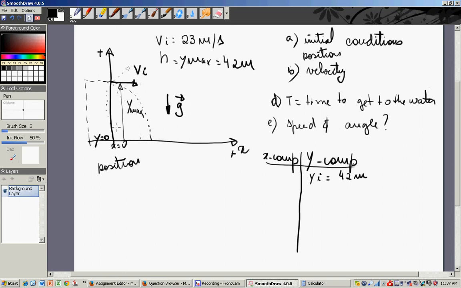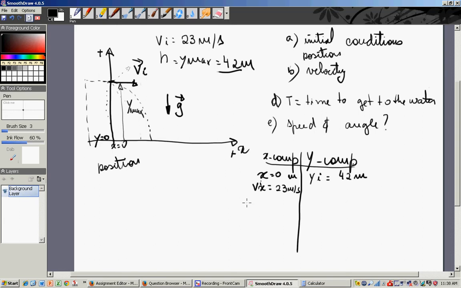So remember, we always define an x component and y component. So initial position is such that the y component, y initial, is equal to 42 meters. Because the initial position is not here. The ball is being thrown from the top of a cliff that has a height of 42 meters. That is the initial position. How about for x? Well, the initial position in x is 0 meters. No problem.